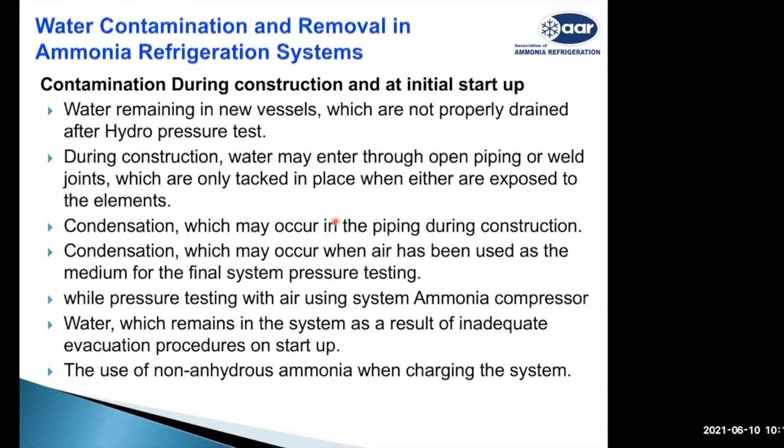Now this air which is sucked from the atmosphere has inbuilt moisture in it, what we call the relative humidity of air. That moisture will go into the refrigeration plant, and it will remain in the plant, because it will be impossible to do the complete evacuation of such water.